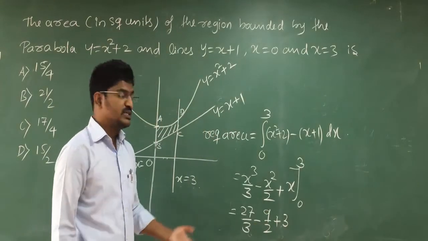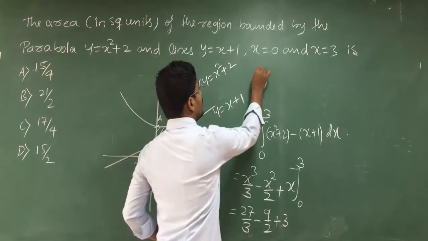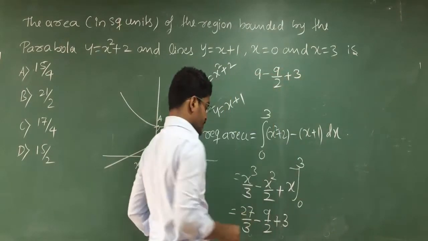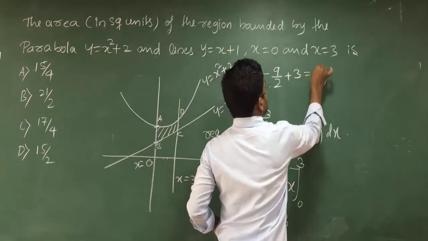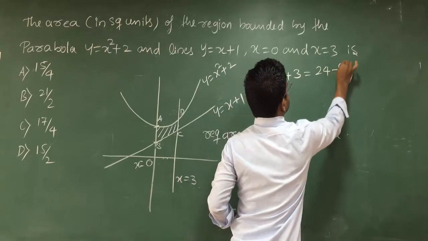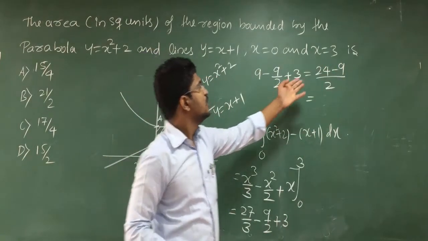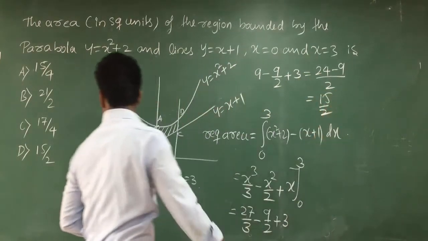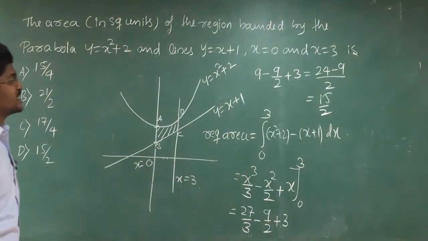Clear? So LCM will be 6, otherwise you make it as 9, no problem. 9 minus 9 by 2 plus 3. So 9 plus 3 will be 12, that is 24 minus 9 divided by 2. 24 minus 9 is 15. So that is 15 by 2. Clear?